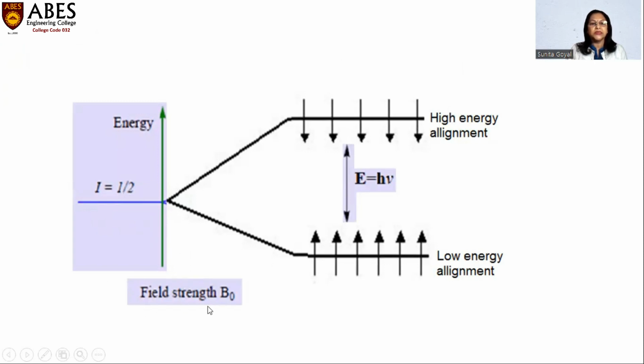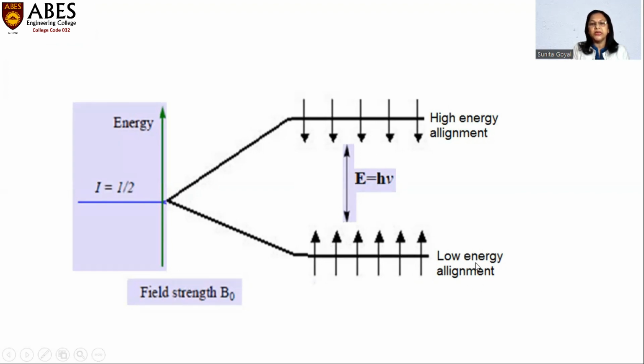This is the field strength and this is the direction of the external magnetic field. We see the energy increasing from bottom to top, and this is the state when there is no energy difference. After applying the external magnetic field, there will be splitting between the alpha, low energy state, and the high energy state.